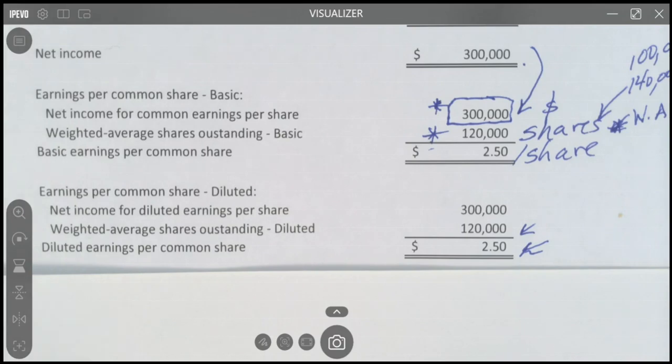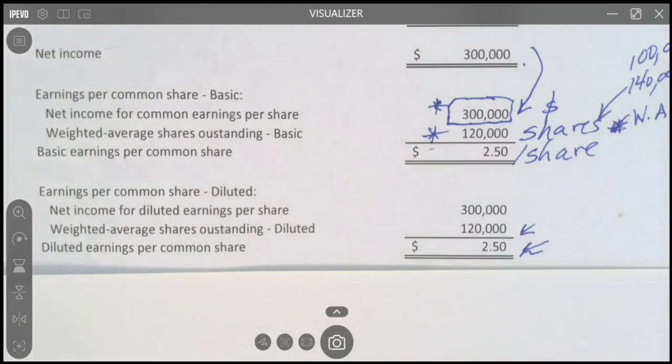So not quite as straightforward as it might have been when we introduced the term in basic principles courses and just said, hey, earnings per share is net income divided by number of shares outstanding. Well, it's just a little more sophisticated than that. Net income in the numerator is actually net income minus any dividends paid to preferred shareholders.